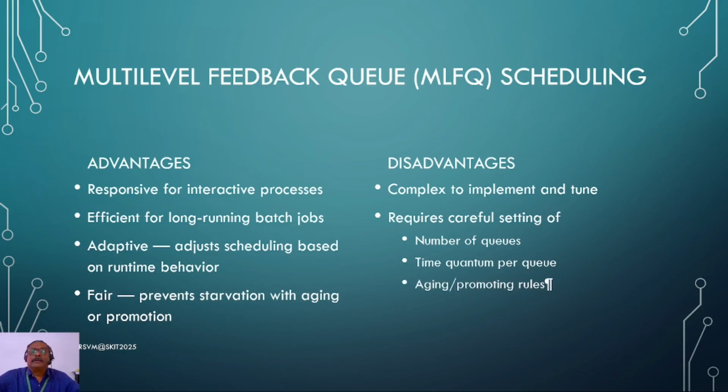Then there are the rules to promote a process from one queue to the upper queue, or age it, that is, demote it from the high priority queue to the low priority queue. What conditions should a process fulfill to declare that it is being starved, so that it will be elevated to the next priority queue?